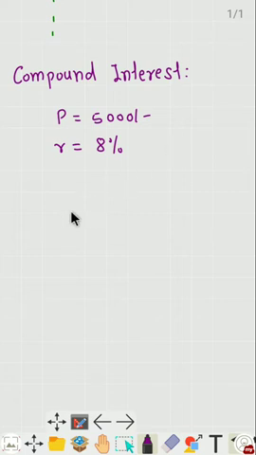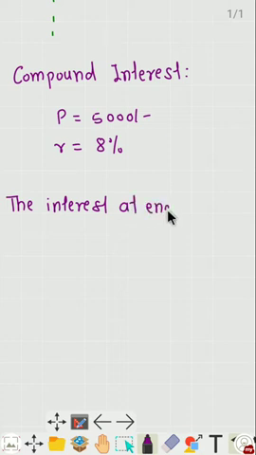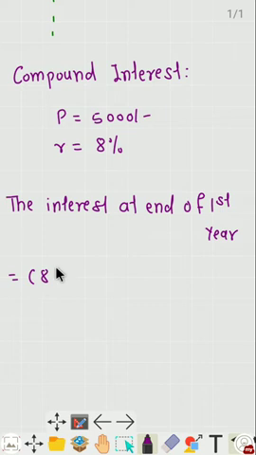The interest at the end of the first year is equal to 8% of 5000 rupees, and it is equal to 400.